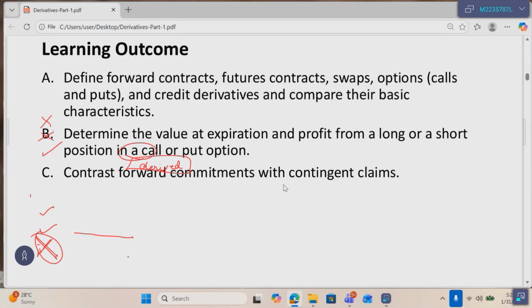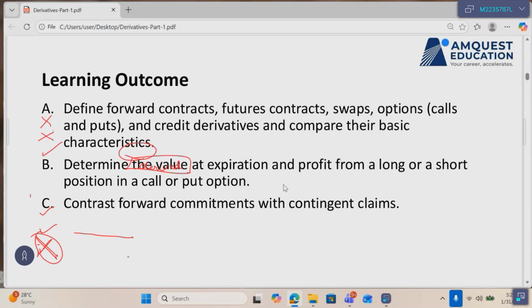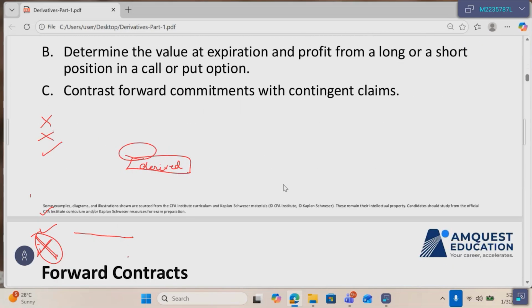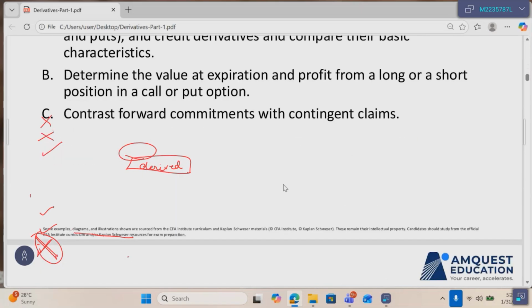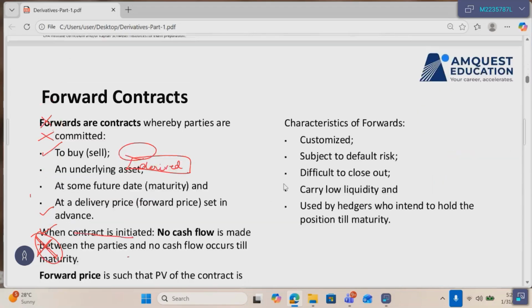Then they'll ask you sums around valuation of call and put options, how to profit from them, what is the value, what's the profit and loss, and so on. And then we look at how forward commitments are different from contingent claims. Okay, quickly, what's a forward contract?